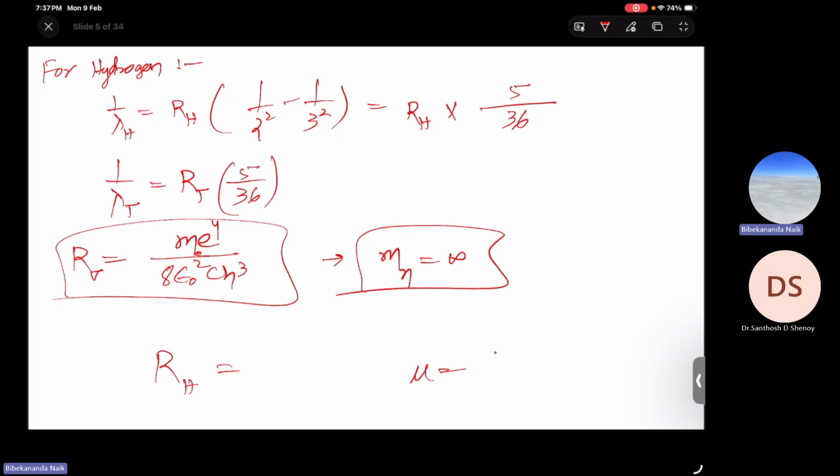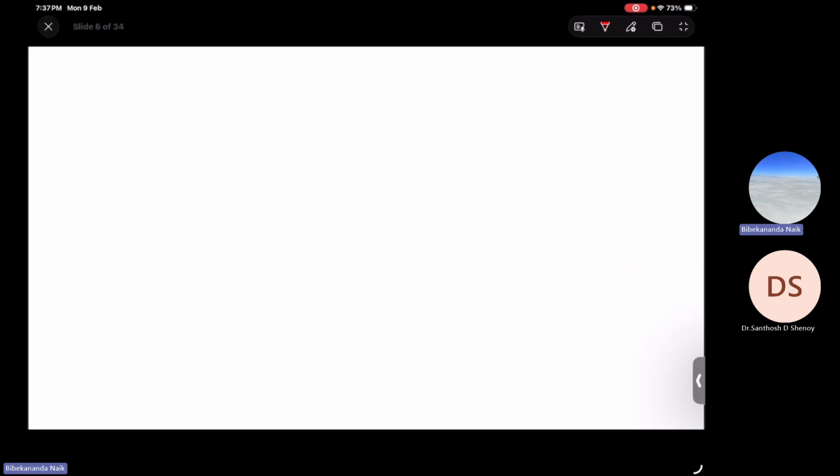Mu is reduced mass, which will be m divided by m plus capital M, where me is electron and Mh is hydrogen. So in that case, if you talk about the shift, that is lambda h minus lambda t, which will be 36 by 5, 1 by RH minus 1 by RT.